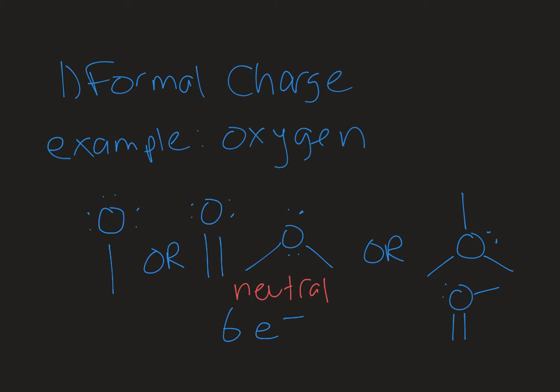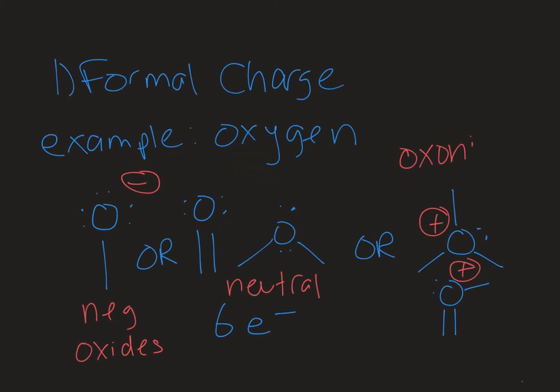It has extra electrons. It's going to be a negatively charged oxygen atom, and we call those oxides. And if you have an oxygen atom on the right over here that has 3 bonds and only 1 lone pair, those are positively charged oxygen atoms, and those are sometimes called oxonium ions.